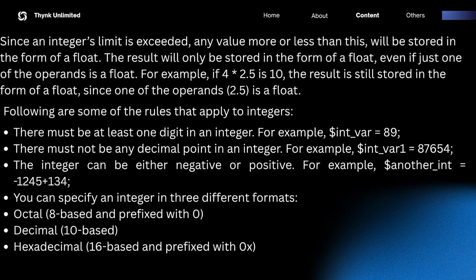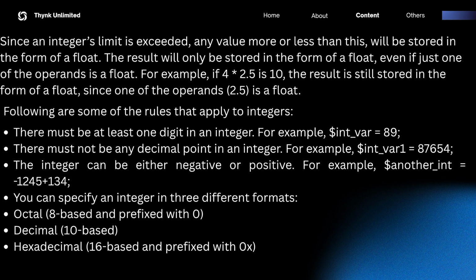These formats allow developers to work with different numeric systems, especially useful in low-level programming, color coding like web hex colors, or when dealing with data conversions. To summarize, integers in PHP are simple yet powerful for handling whole numbers.